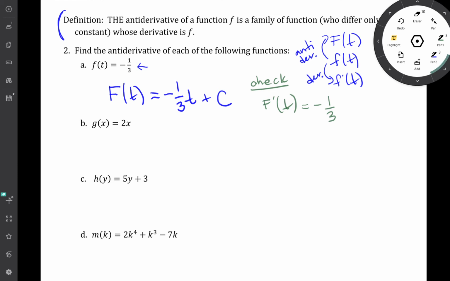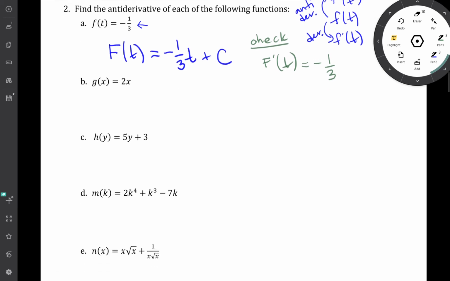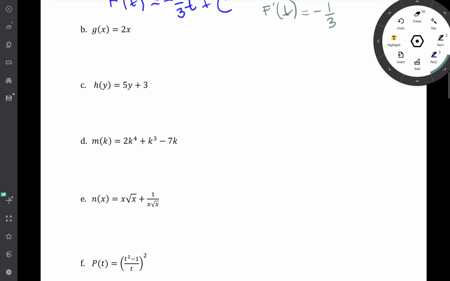Okay, so this is another great chance for you to pause and try to work through some of these, and then start back up to see what I actually get. So if we're looking at g of x equals 2x, again, there's a little bit of guess and check involved, and we're trying to start off easy, so you probably won't need very many guesses.